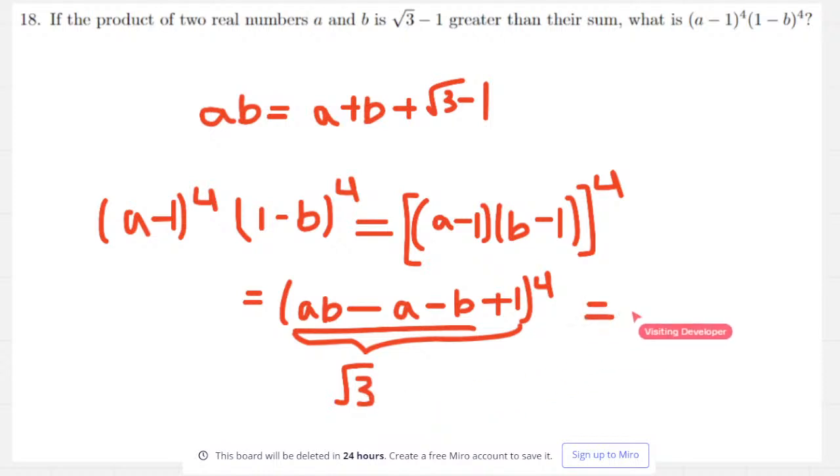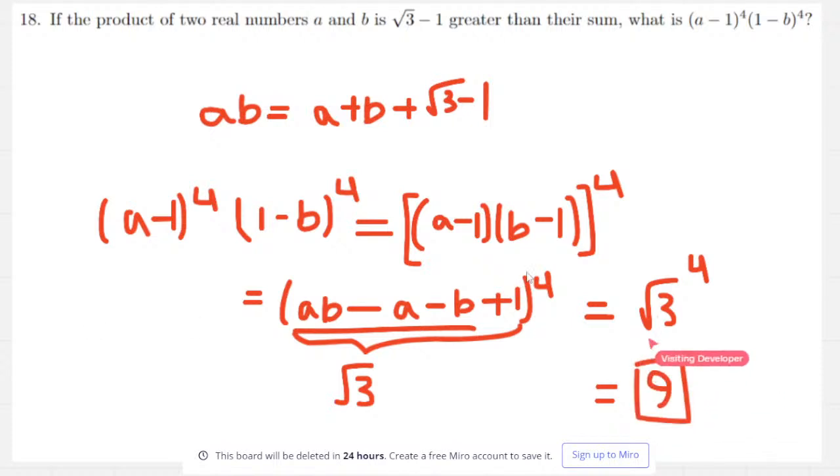And therefore, this expression is equal to root 3 to the fourth power, which is just equal to 9. So now we can conclude that a minus 1 to the fourth times 1 minus b to the fourth is equal to 9.